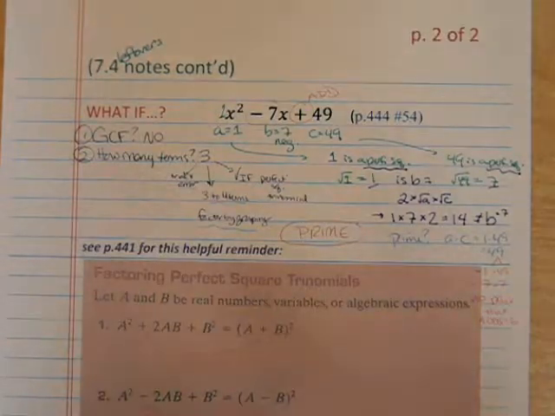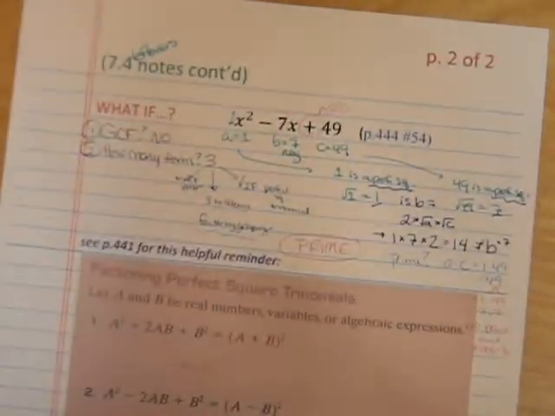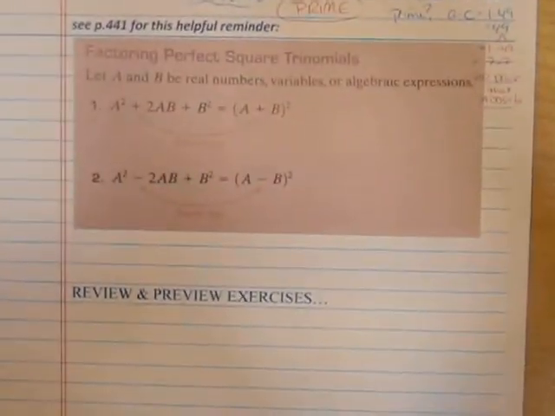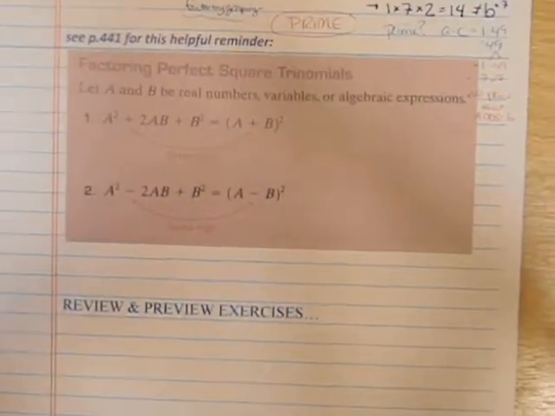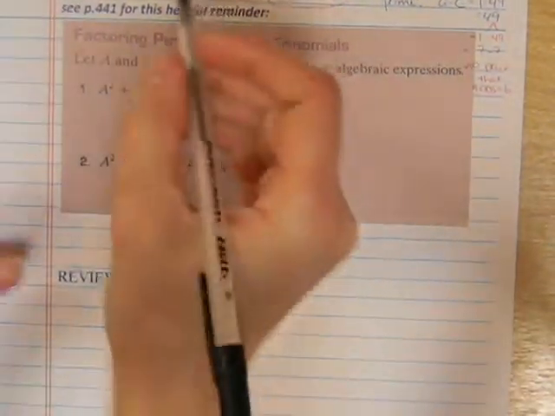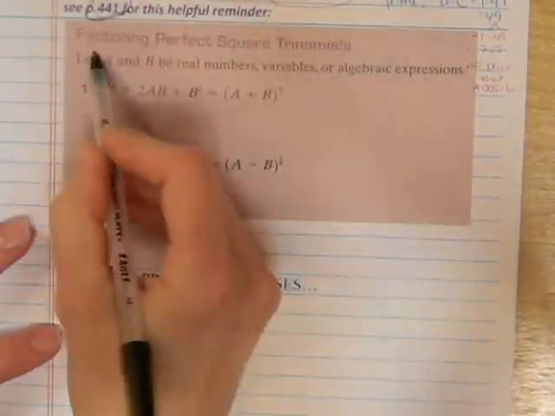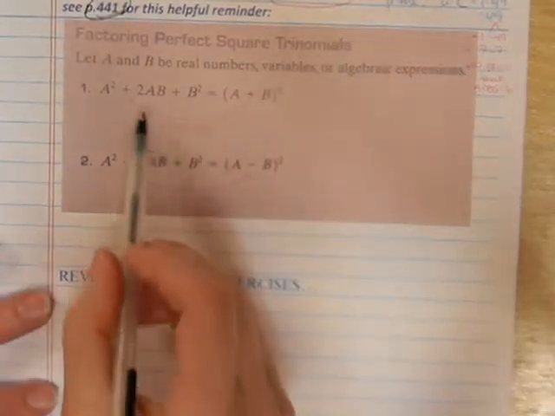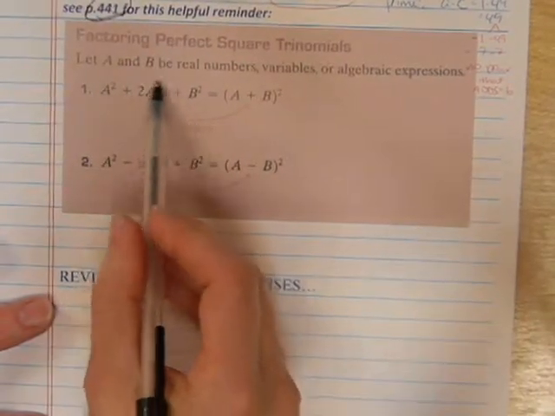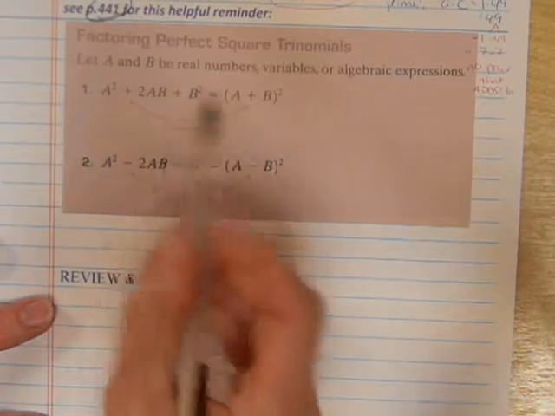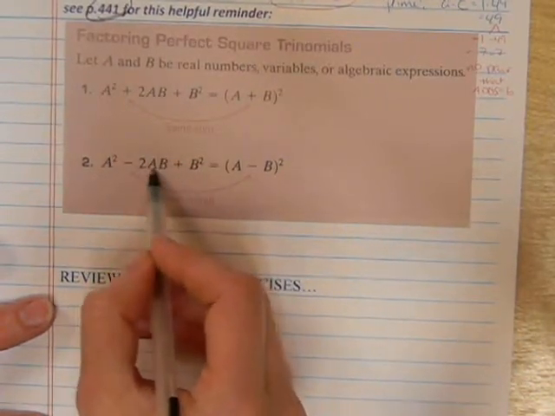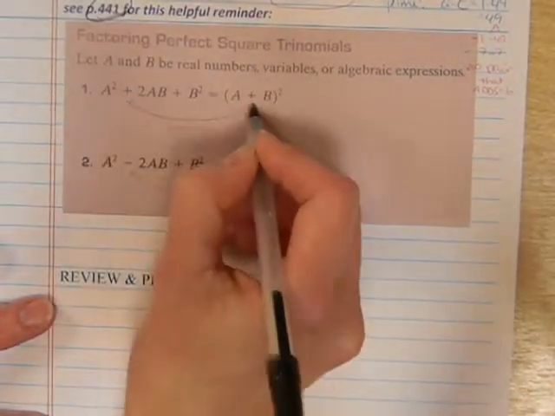I'm just going to go ahead with this video clip and we'll finish out the page here. On page 441, you'll find a helpful reminder for how to factor perfect square trinomials. Here's that doubling of the square root of a and b, and notice they highlight the same sign.